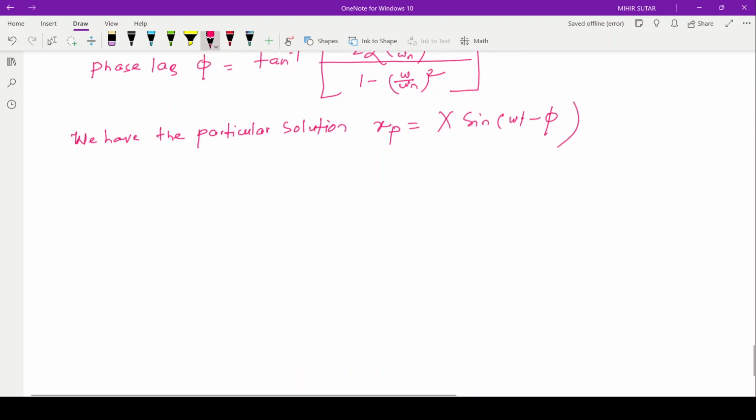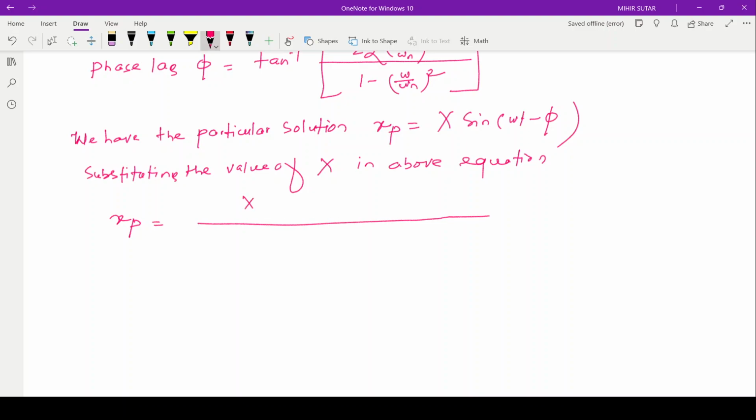Now substituting the value of this x in equation 19, in the above equation we have xp will be x st sine omega t minus phi divided by the square root of 1 minus omega by omega n whole square plus 2 zeta omega by omega n whole square.